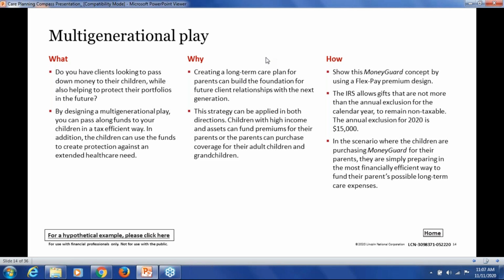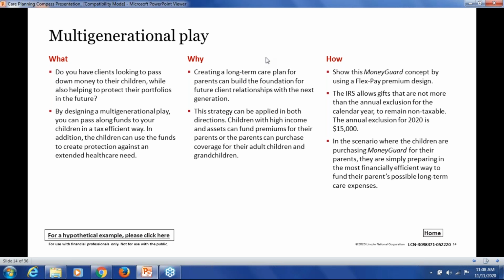Now, you could also flip this idea around. Maybe the adult children are doing very well financially, but mom and dad, they're insurable, but they don't necessarily have the cash flow to purchase a policy. And this is an idea I've seen out there, where you ask about the adult children, or you bring it up with those adult children, and position it so that they are the ones who pay the premiums for policies on mom and dad.